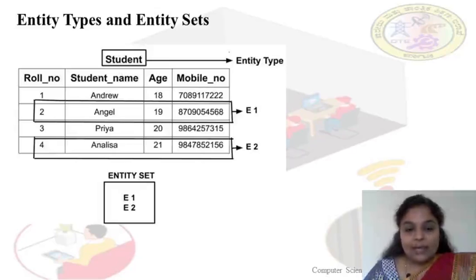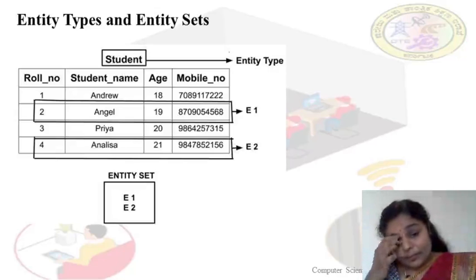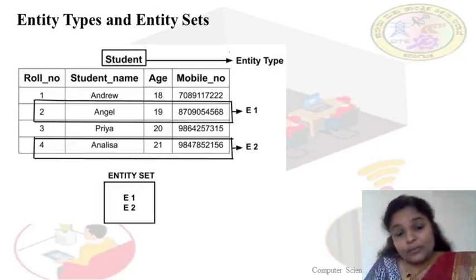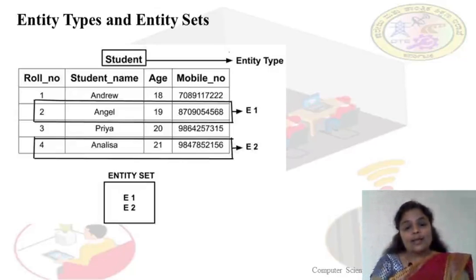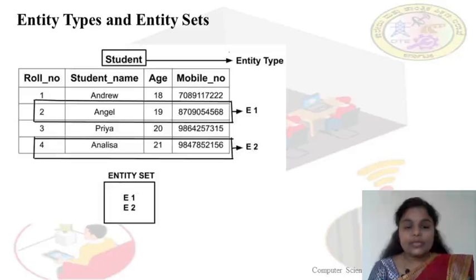I have not highlighted anyone. I just wanted to explain in the next step the meaning of entity set. That is why I have just encircled it. Meaning to say, a tuple or a row which represents a physical real world object is an entity. The data whatever we are giving, that will be our entity.